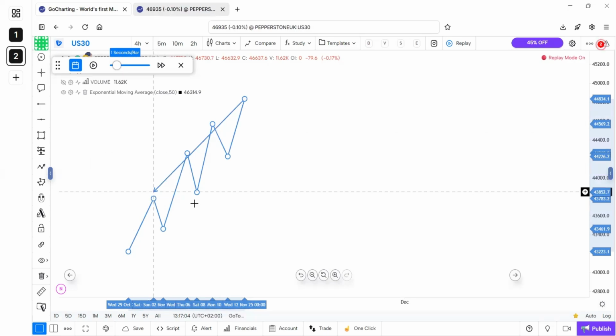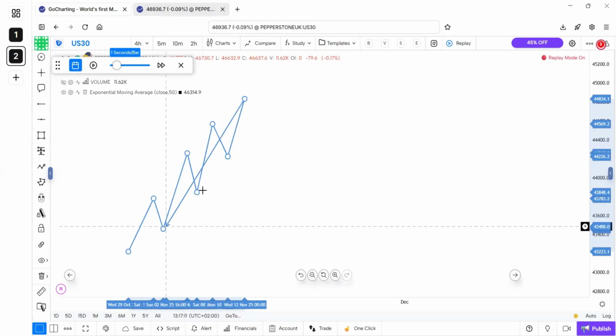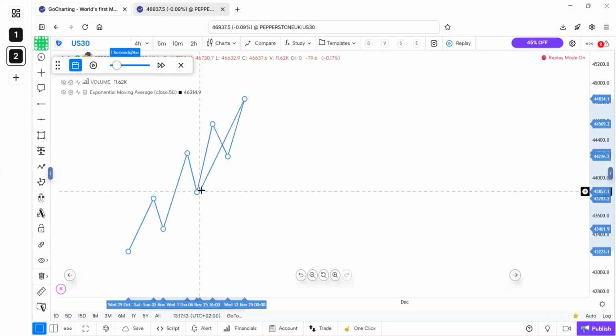And this one becomes a higher low because it is higher than the previous low. It is lower than this point over here, but higher than this one. That's why it's called a higher low.